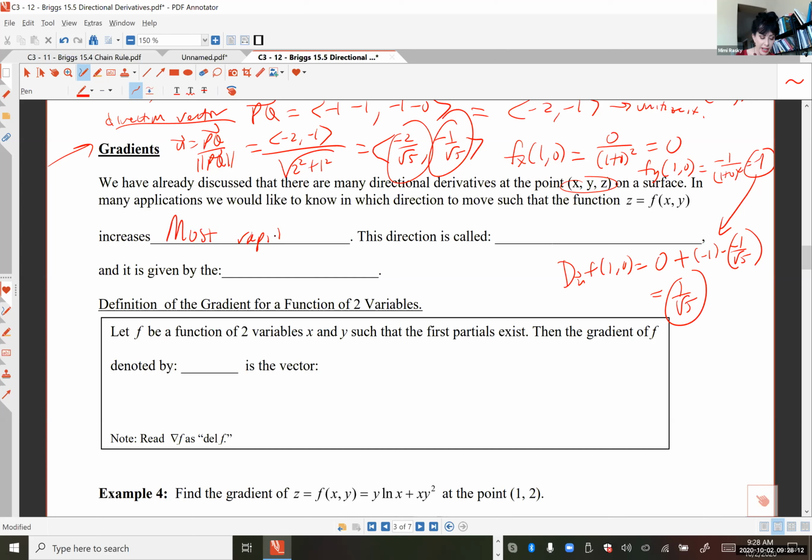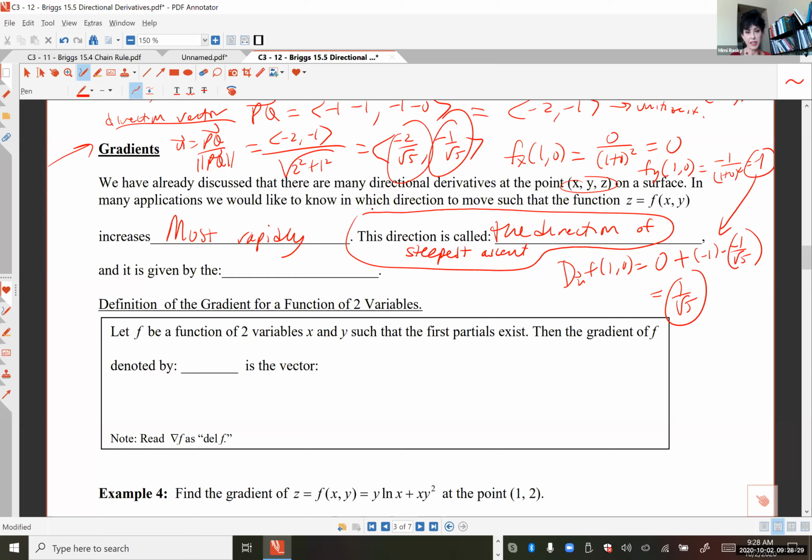In other words, what's the direction I should face to have maximum slope? That direction is called the direction of steepest ascent.